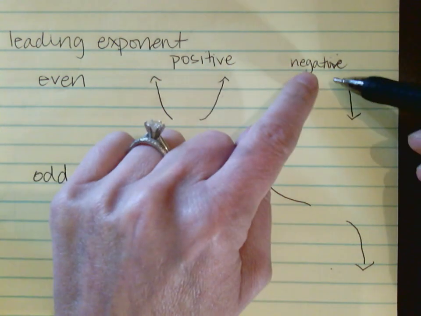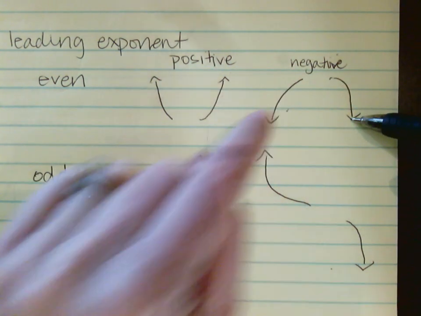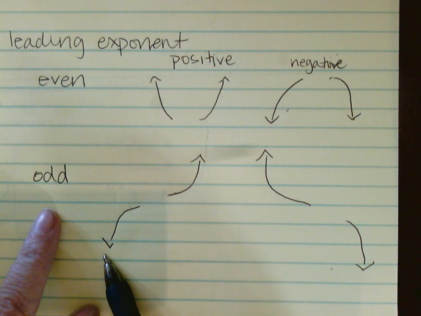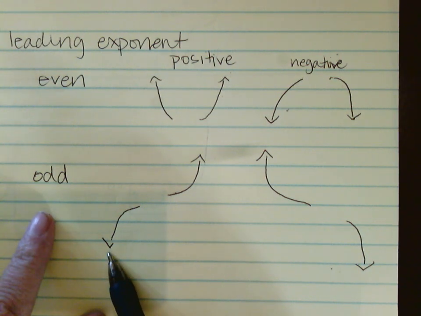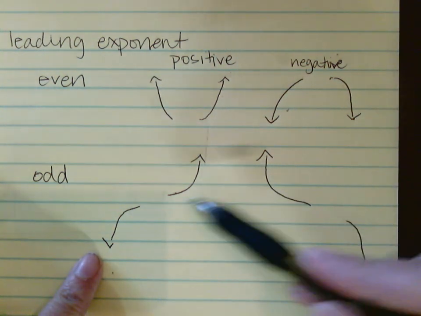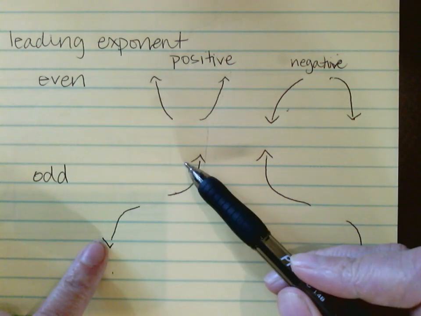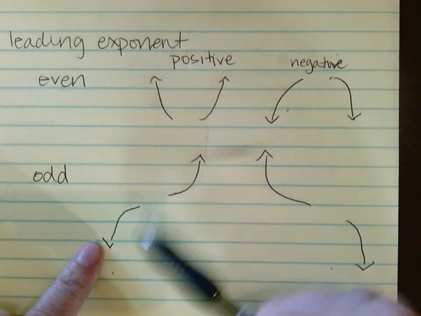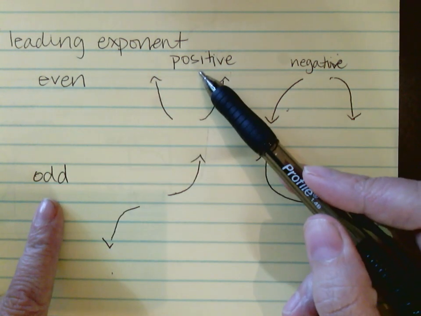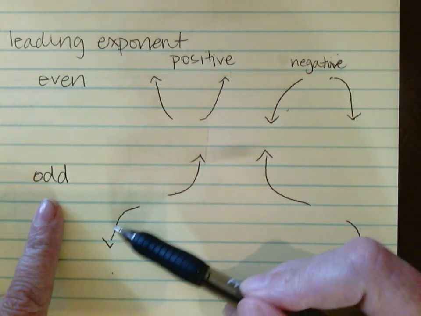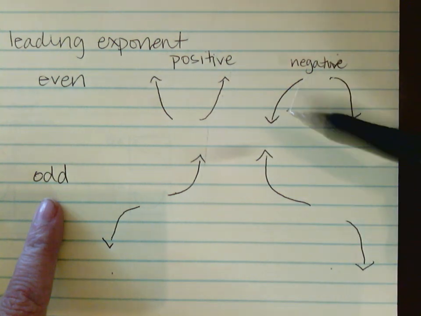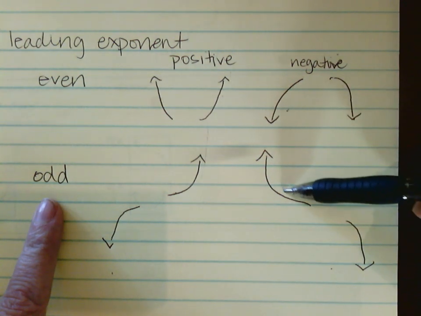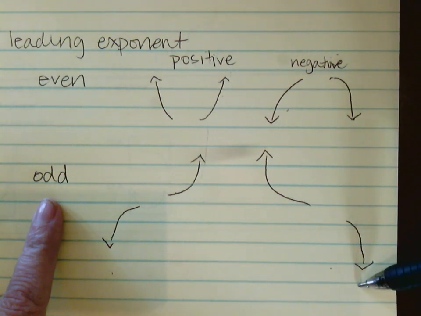If it's negative, they'll both be going down. So, if the leading term's exponent is odd, it'll be one of these, which means they don't go in the same direction. One's down and one's up. If it's odd with a positive sign, it'll travel up like this one. Or if it's odd with a negative sign in front of it, it'll go down like this one.